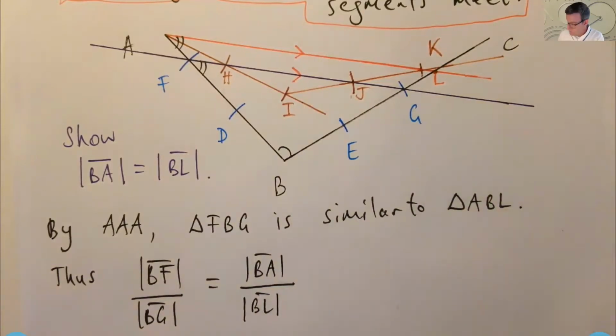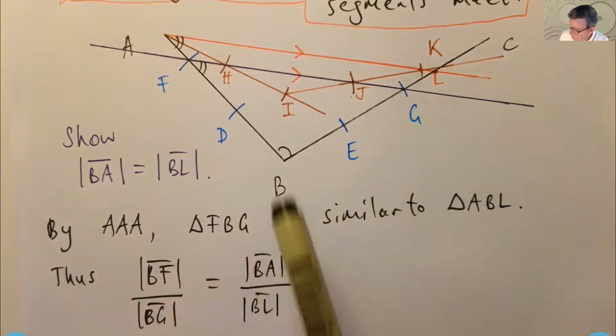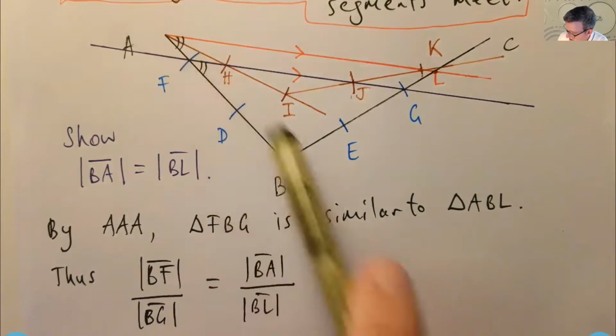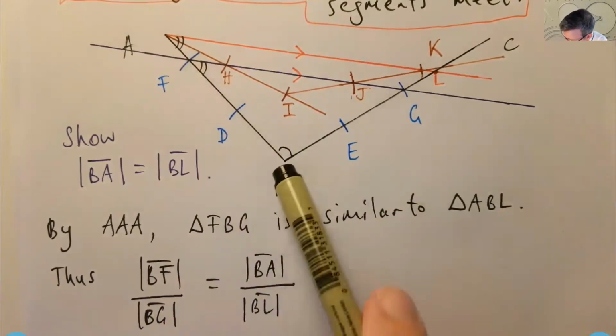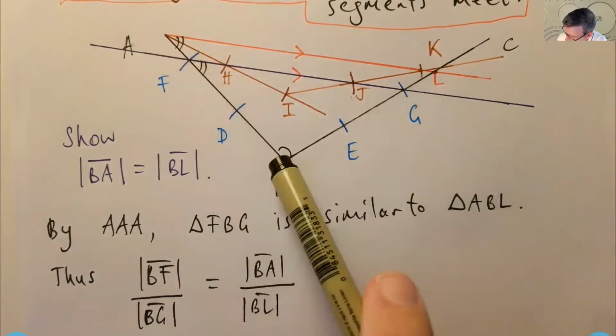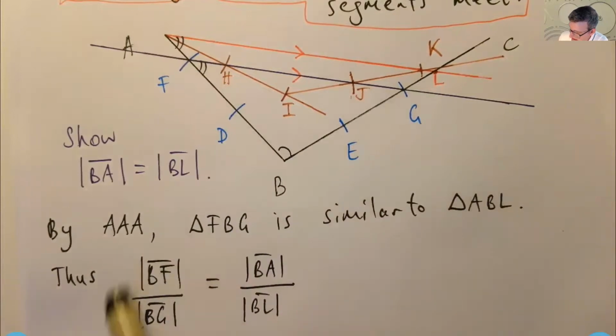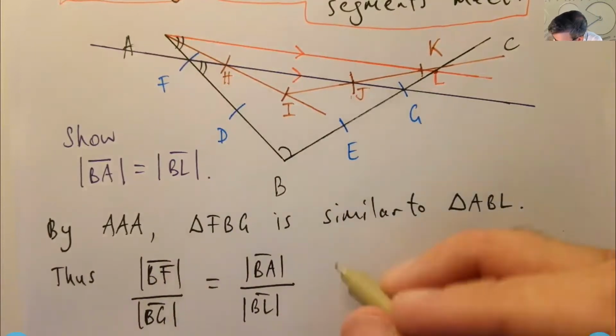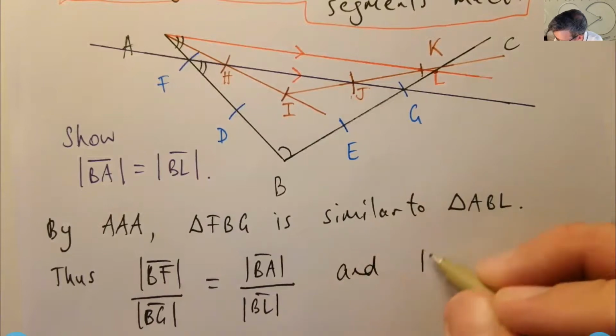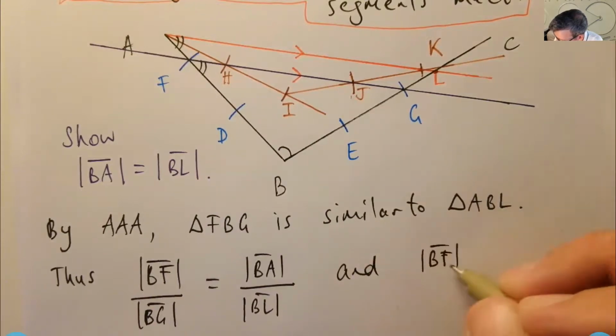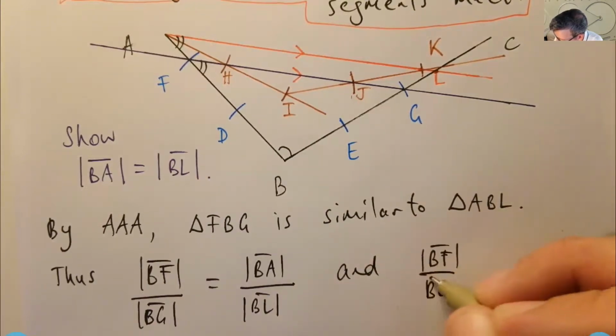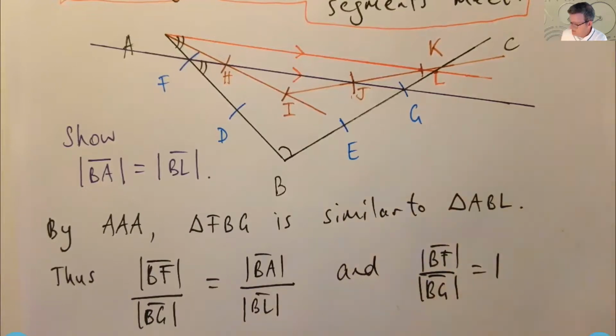All right, so we're almost done. What is the ratio of this side to this side? Well, it's isosceles. This is 2 radii. That's 2 radii. So this is equal to 1. So this ratio has to equal 1.